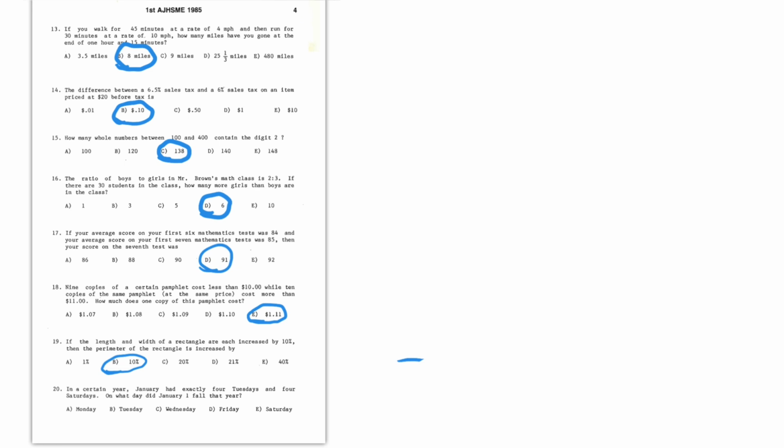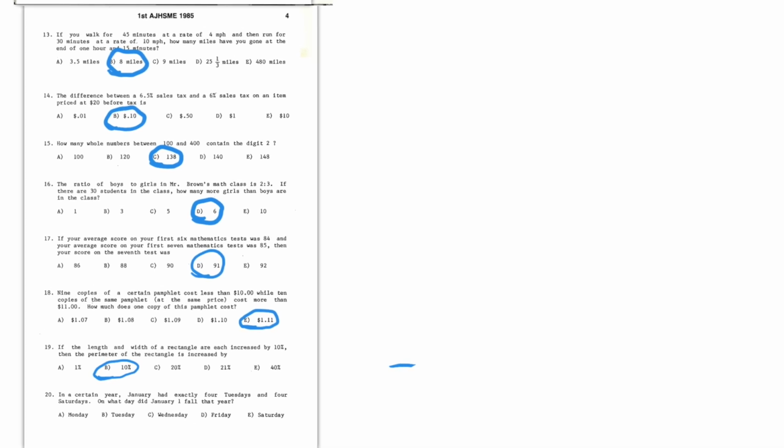So January has 31 days. 1 week has 7 days. 31 divided by 7, the quotient is 4, remainder 3. The remainder 3 means 3 days will occur 5 times.